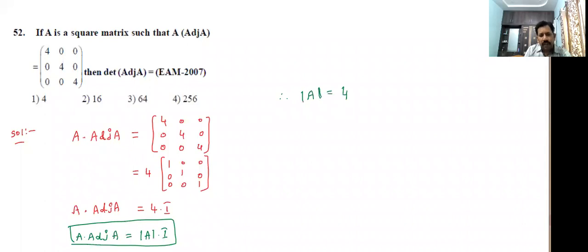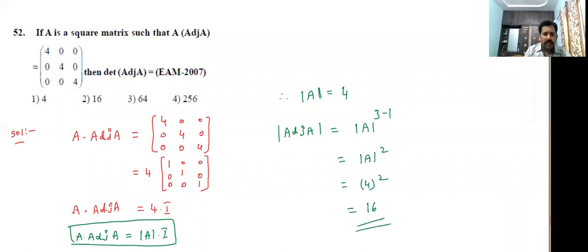But here we need to find det of adjoint A. The formula is det A whole power n minus 1. Here n is 3, a 3 by 3 matrix, so det A whole square. The det A value is 4, so 4 square is 16. The second option is correct.